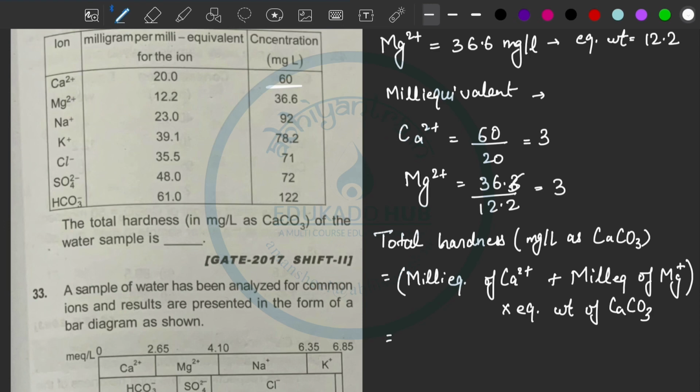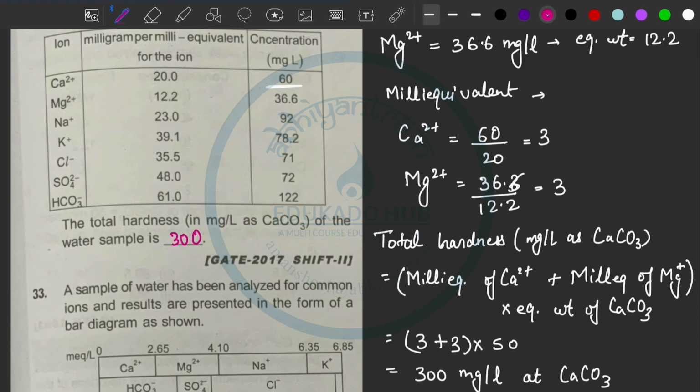So milliequivalent of calcium is 3, this is also 3, into the equivalent weight of CaCO3, which is the molecular weight divided by valency, 100 divided by 2, that is 50. So it becomes 50 into 6, which is 300 milligram per liter as CaCO3. So the answer is 300. This question came in GATE 2017, shift 2.